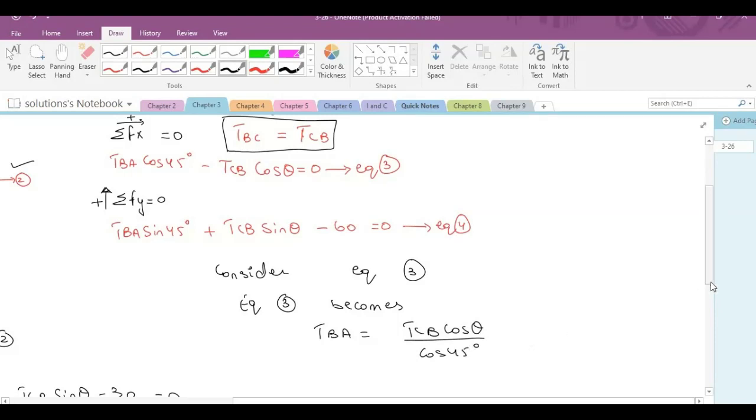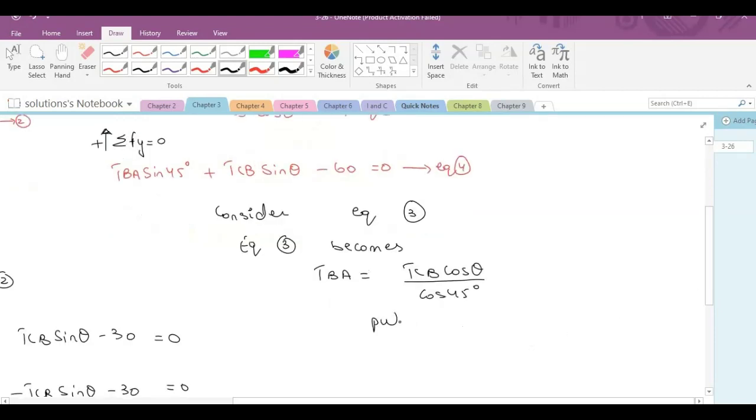Now I am going to put TBA in equation 4, in this equation right here.